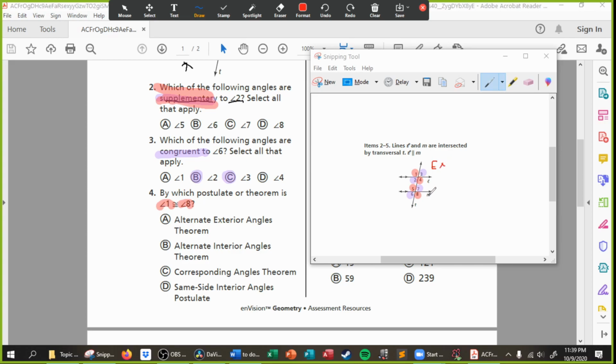They're on the exterior of the parallels, and they're on alternate sides of this transversal. So here and here. So that'd be the alternate exterior angles theorem. Let's look at question number 5 next, which will also use this same chart.